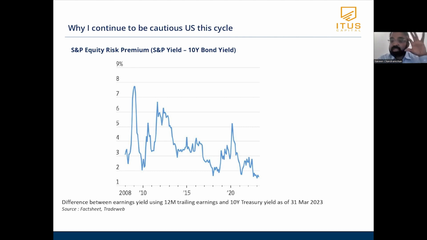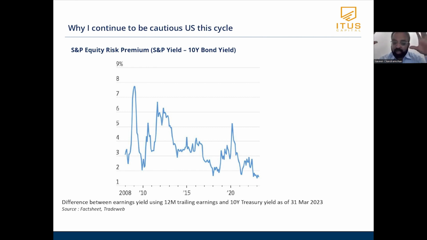The earnings yield is 5%, which is 100 divided by 20, which means the inverse of the PE multiple is the earnings yield of the equity portfolio. That's what it means. And against that, I have the opportunity cost of going to the fixed income market, which is the 10-year bond yield. Because if you go into equities, most people think 10 years, so you compare it to the 10-year bond yield.